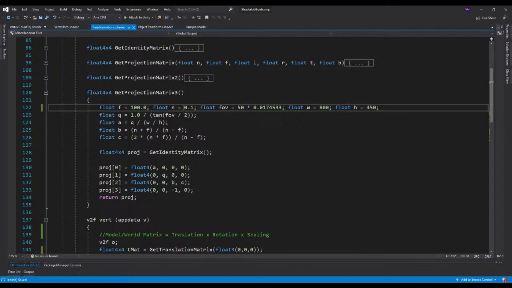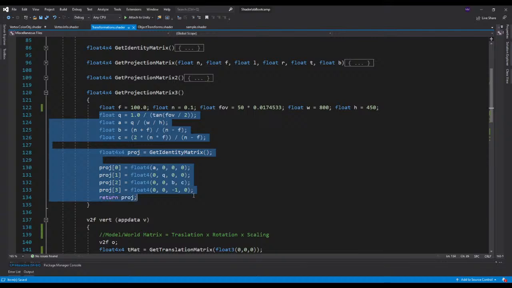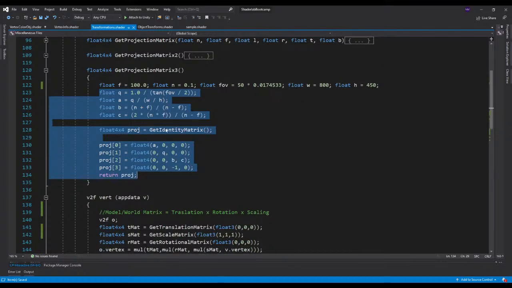So we have the width of the render window, the height of the render window, and the field of view of the camera. And these two, as you see, are the near plane and the far plane. It's as simple as that. So all of this contributes to the frustum and the aspect ratio. Then you get your projection matrix created here.